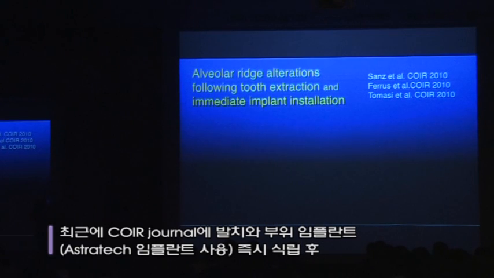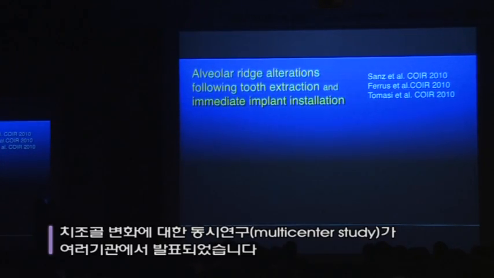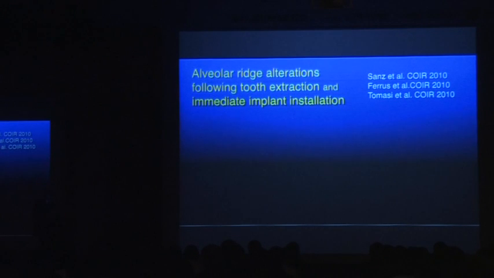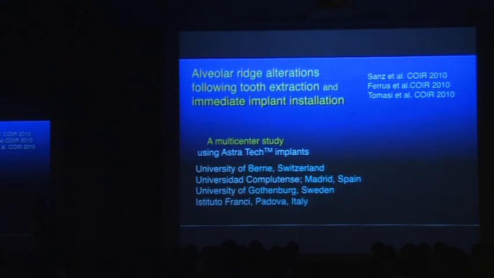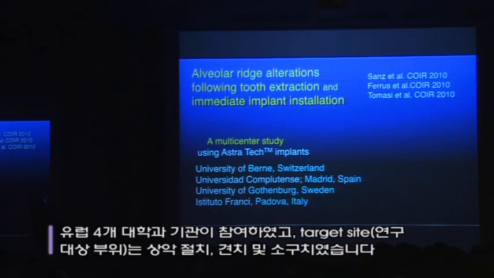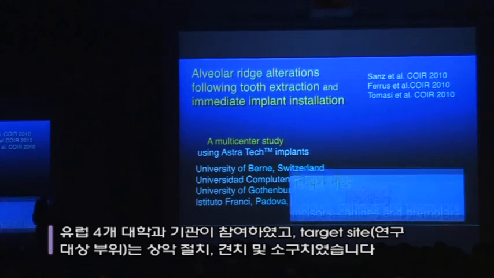Recently, we were part of a multi-center study that was published in Clinical Oral Implants Research in the January issue this year, called Alveolar Ridge Alterations Following Tooth Extraction and Immediate Implant Installation. And here you have the 4 centers that took part: Bern, Madrid, Gothenburg, and Italy.